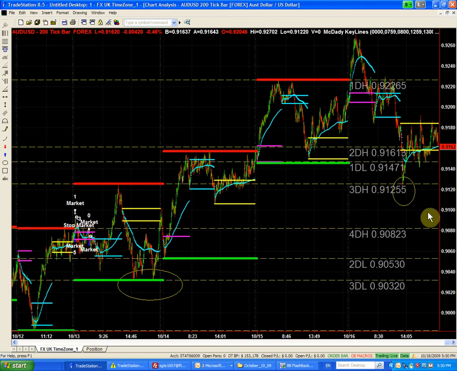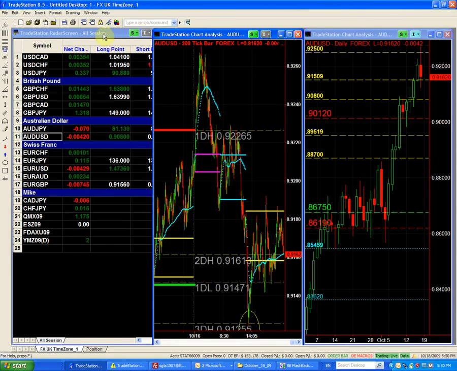So we are going to filter the sell signals out of the Tokyo session, and we're only going to take the buy. So if I have a buy out of Tokyo, I'm going to go long, and I'm not going to go short the Aussie unless it trades below the 90.32.